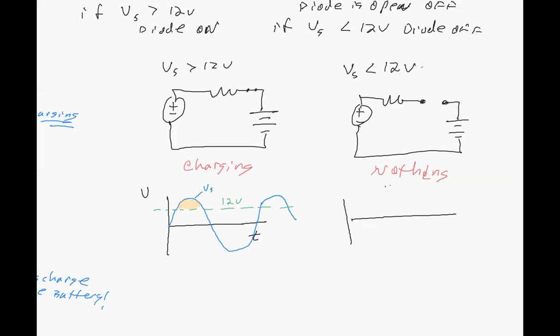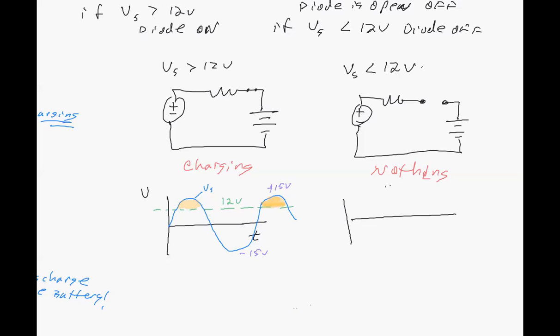Anytime the voltage on the source is greater than that 12 volts in the battery, we're charging. And the source can go up to plus 15 volts and minus 15 volts. Those are the limits on the battery.